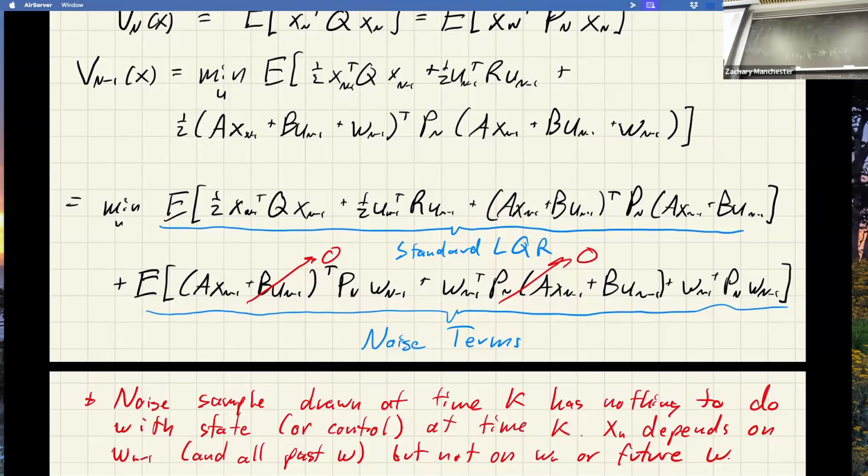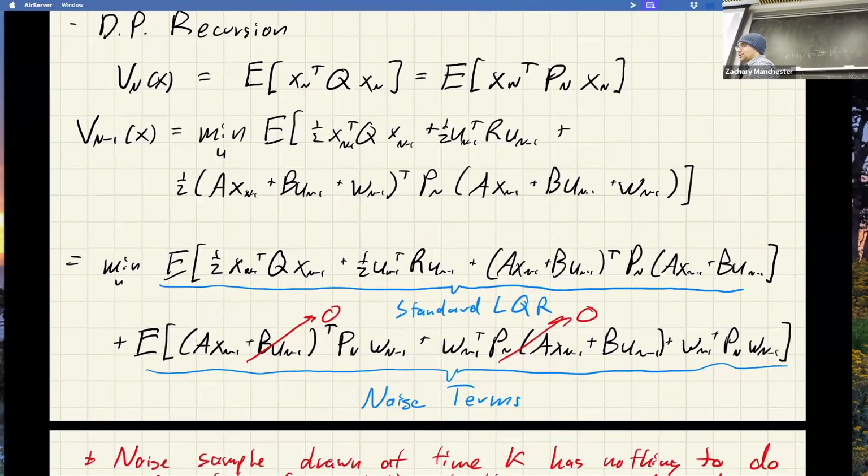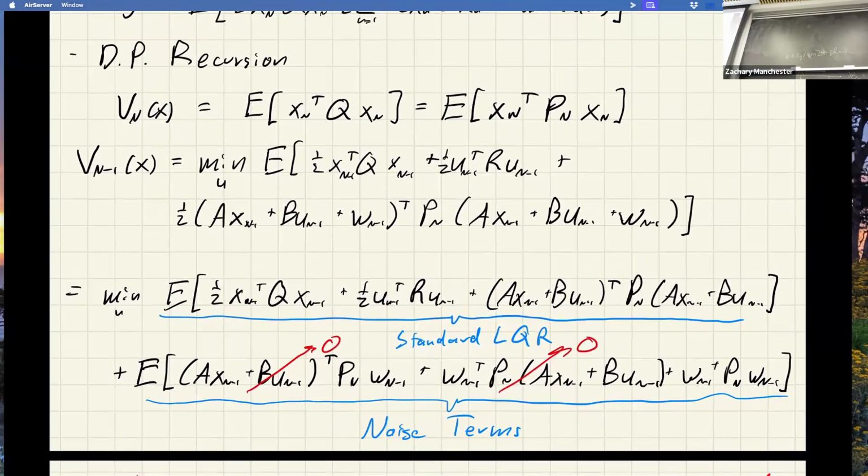It's not something subtle. Literally, the definition of uncorrelated means that if W and X were cross covariance zero, they would be uncorrelated.